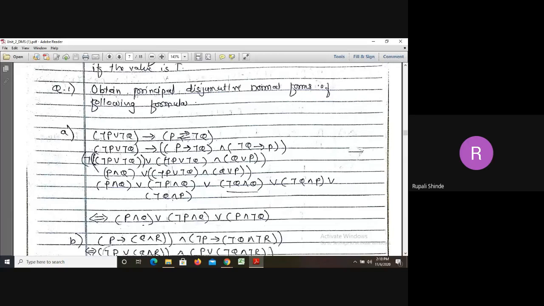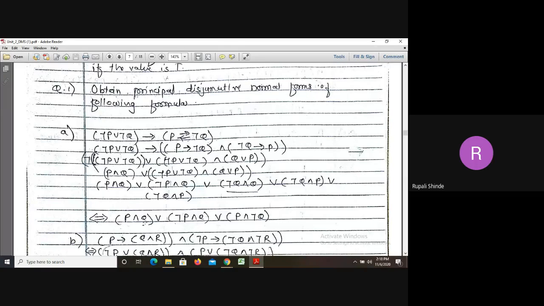Yes, one term is repeated, and that term is negation Q and P. Check here, the second last and last terms are the same. That's why we can consider this term only once. So P and Q, or negation P and Q, or P and negation Q. So this is the required PDNF for this given formula.